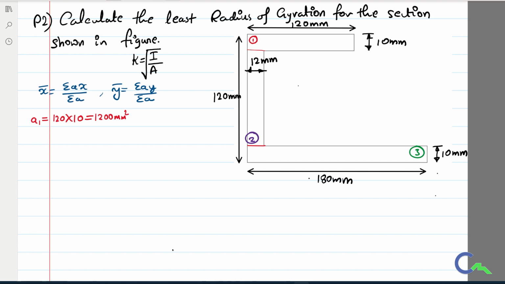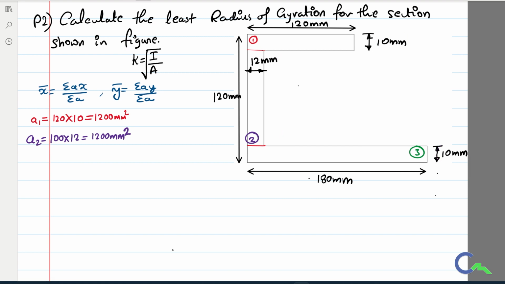Then A2: we have to get the net depth of this particular section. We have seen the overall depth is 120. So I have to deduct 10 mm here and 10 mm here from the 120, therefore net depth is 100 mm. So 100 into the width of that section, which is 12. Again I'm going to get 1200 mm square.